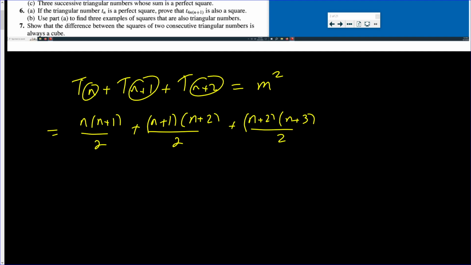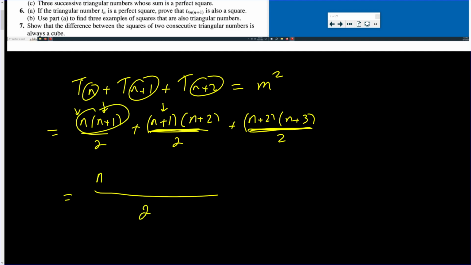Now, for example, this one has n, but this one doesn't, so I can't factor out n. This one has n plus 1. Oh, good, this one has it. But oh, that one doesn't. So there is nothing common. I'll multiply those. I'll get n squared plus n. I'll multiply those. I'll get n squared plus 3n plus 2.